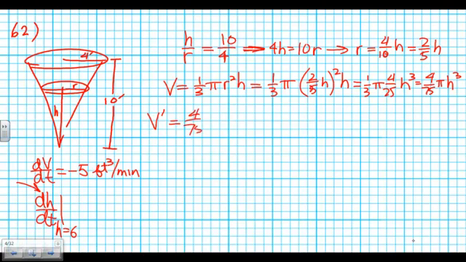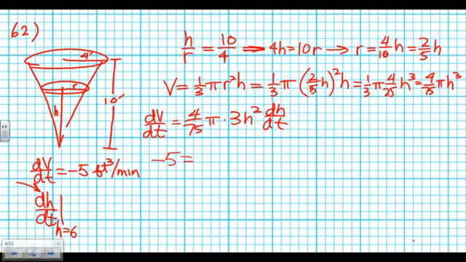4 over 75 times pi times 3h squared dh/dt. And I wrote improperly V prime here. What I meant to write was dV/dt. Okay?